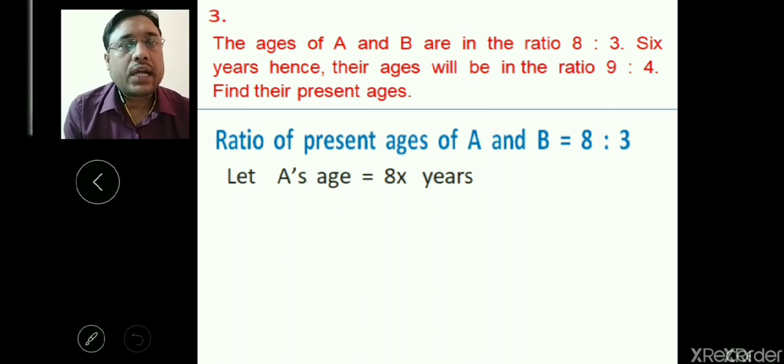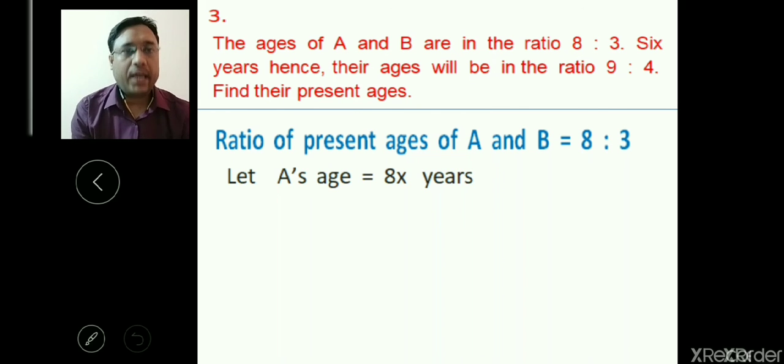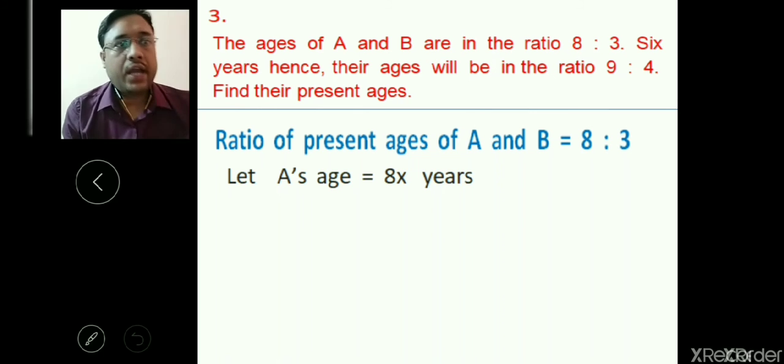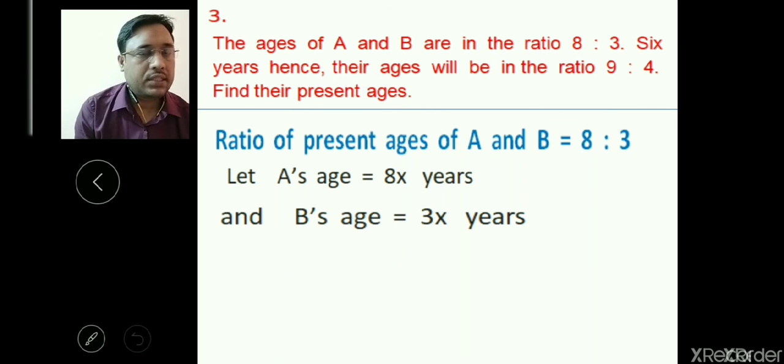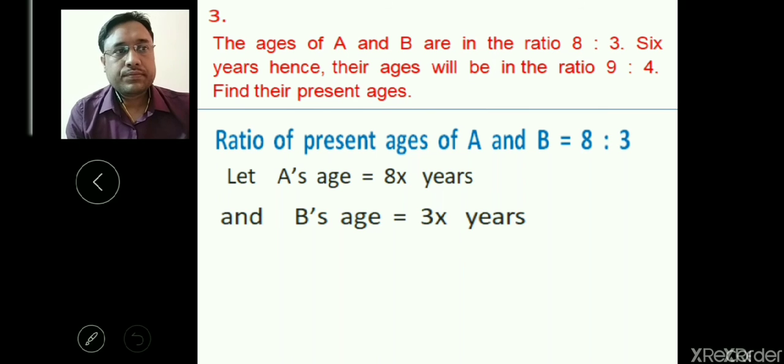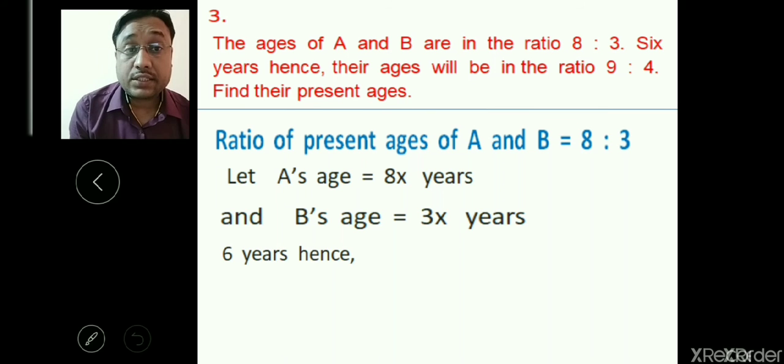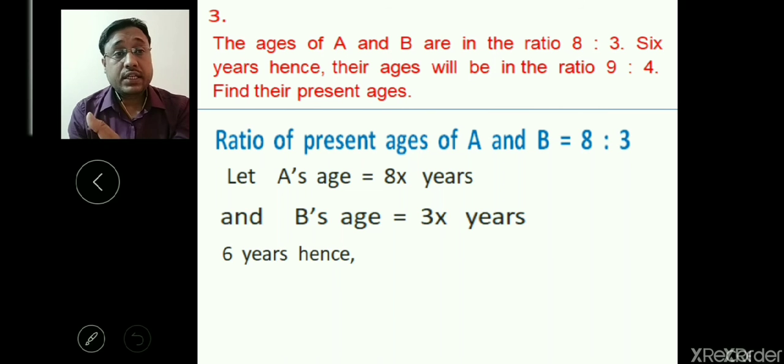Then we can say that let A's age be 8x years and B's age be 3x years. Then 6 years hence, what is the situation? After 6 years, the ages of both the persons will increase by 6 years.